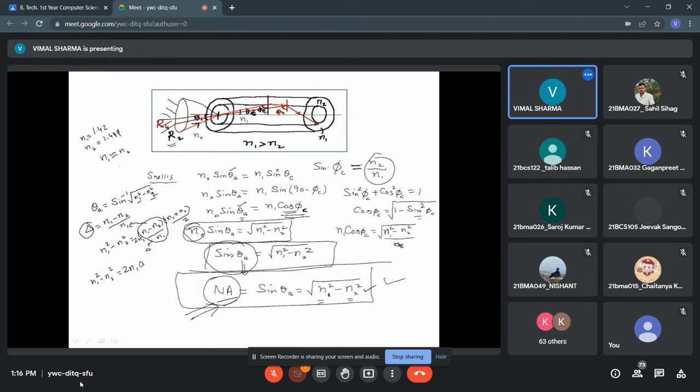Okay, so n1 is approximately equal to n2, and I can say that their mean, that is n1 plus n2 divided by 2, I can write as approximately equal to n1. And if I replace this by n1, I get 2 delta.